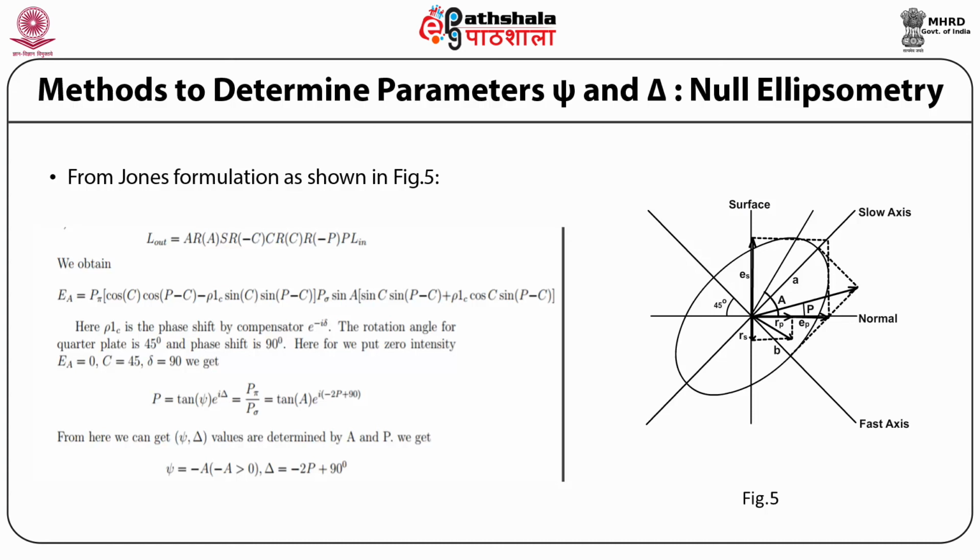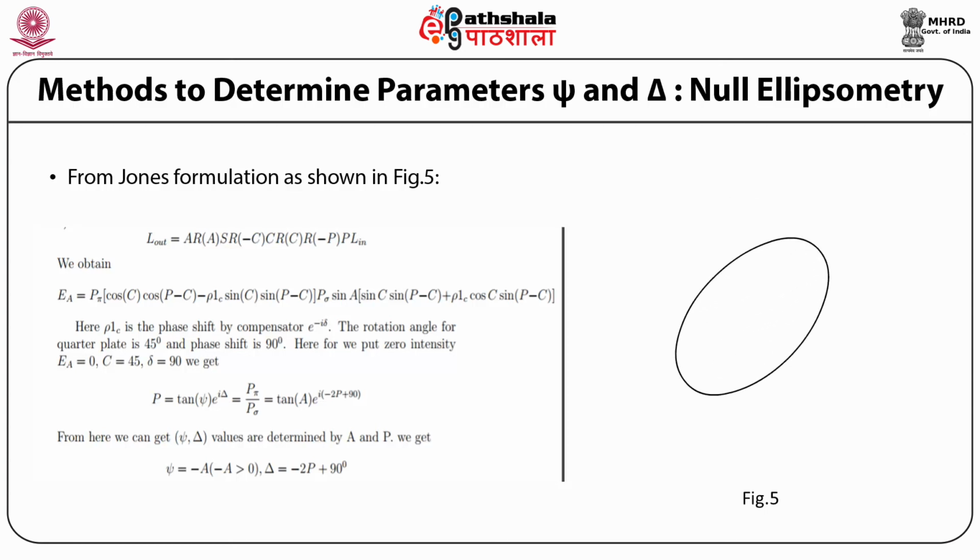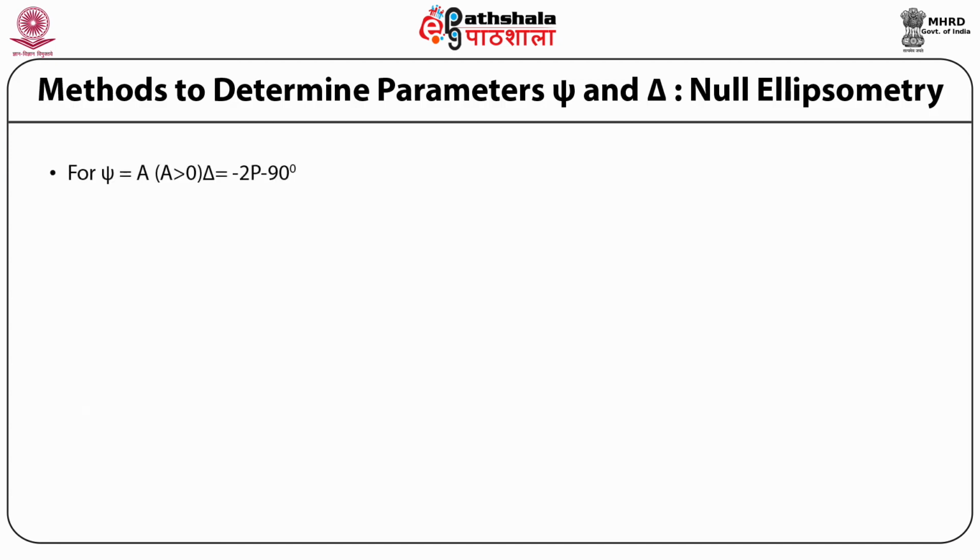From here, we can get the psi and delta values, which are determined by A and P. We get psi equal to minus A, where minus A is greater than 0, and delta equals minus 2P plus 90 degrees. For psi equal to A, where A is greater than 0, delta equals minus 2P minus 90 degrees.